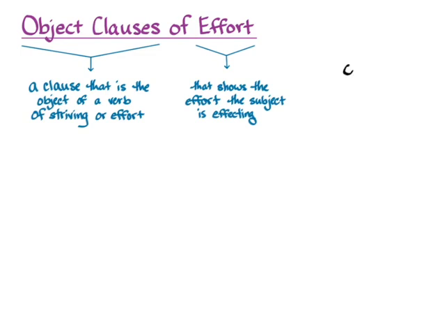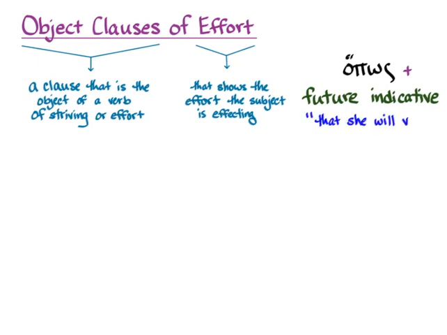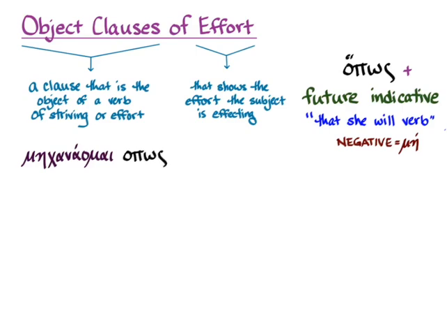For these clauses, our conjunction is hopos, and it's going to introduce a future indicative. The default translation is that she will verb, and the negative is mē. So you're going to see object clauses of effort with one of your new verbs, mēchanaomai. So mēchanaomai hopos is going to mean contrive that.